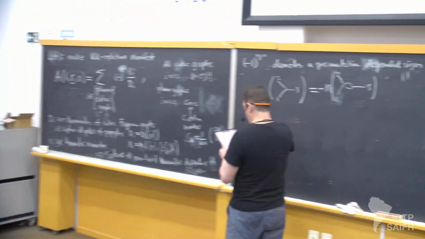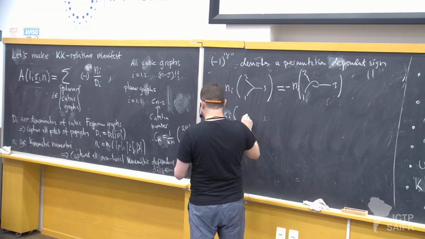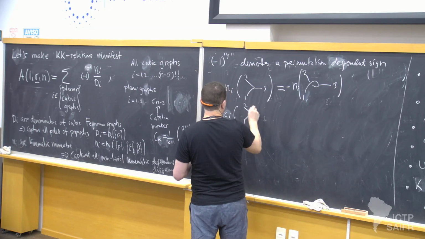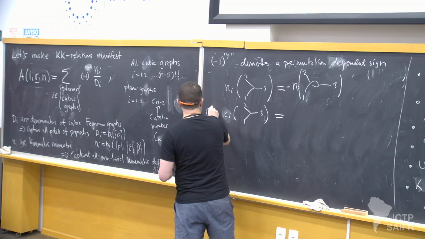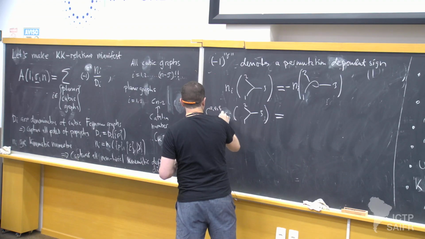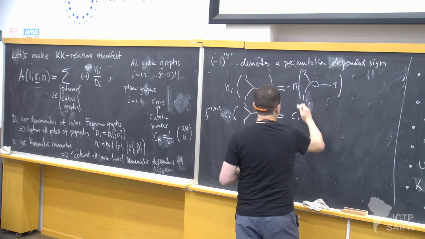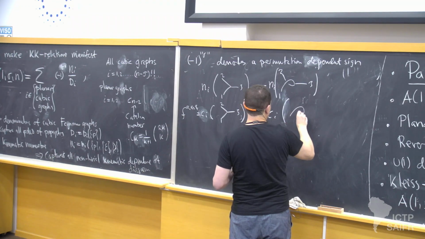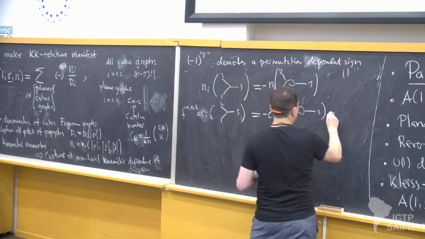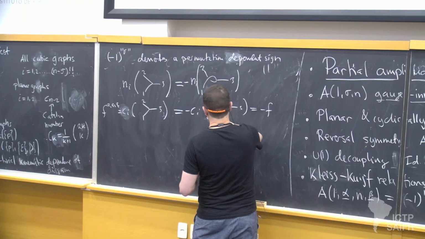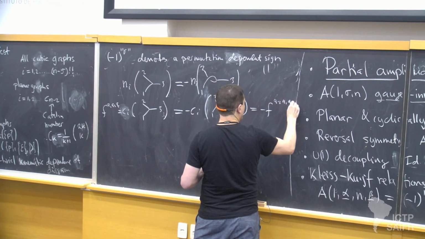And this is important because for the color factor, it works exactly the same way. So if I have my color factors and I have this graph, then you know that this is F A1, A2, A3, and then this is, of course, minus this graph, which is equal to minus F, and now I guess I should put it in different ordering, A2, A1, A3, right?